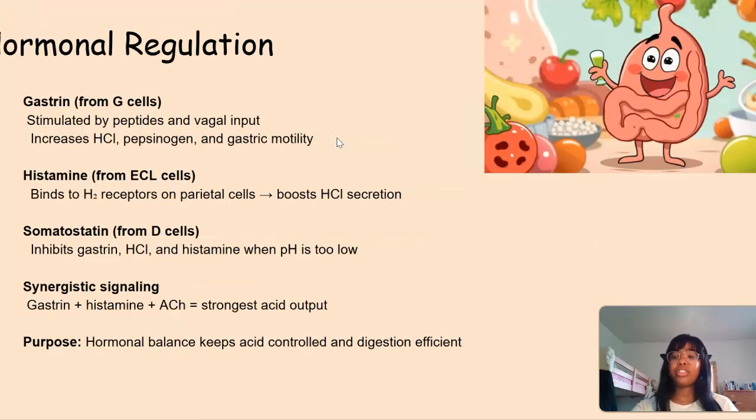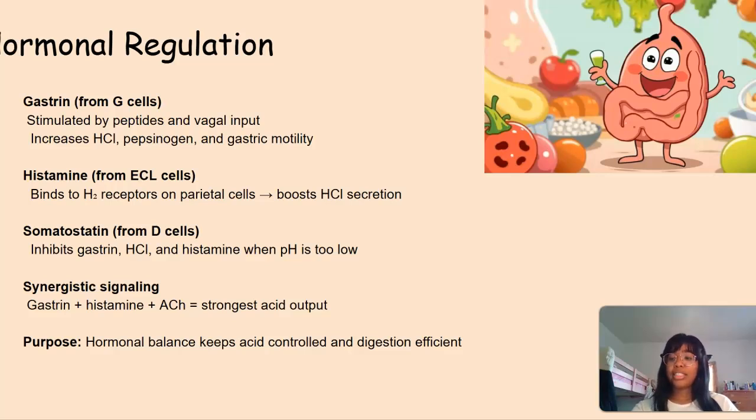The hormonal regulation of the gastric phase is a finely tuned feedback system. Gastrin is the star hormone here, released by G cells in response to peptides and neural signals like vagal stimulation. It promotes acid secretion, pepsinogen release, and gastric motility.